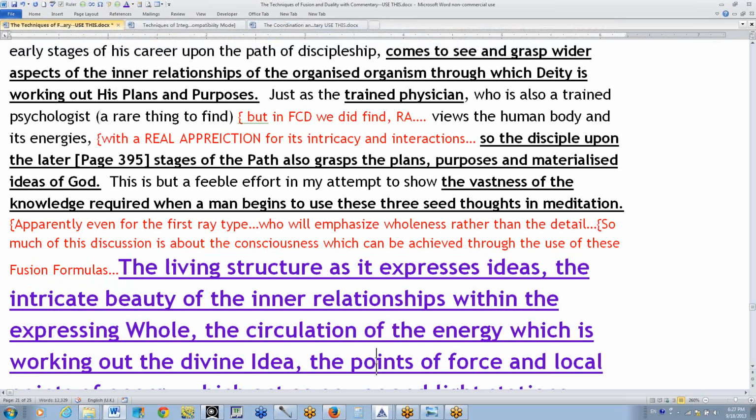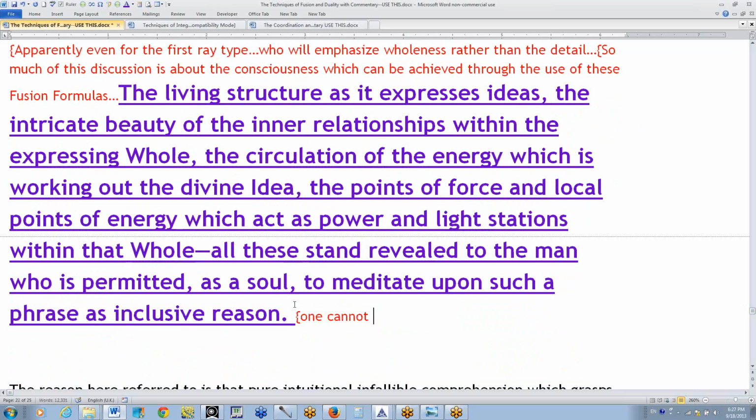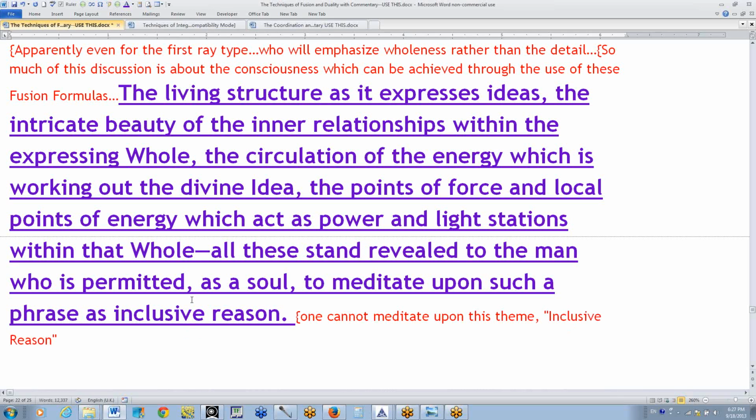So if we are permitted, well, why permitted, and as a soul, see, one cannot meditate upon this theme, inclusive reason, as a personality. It will not work. One has to be freed from ahamkara.